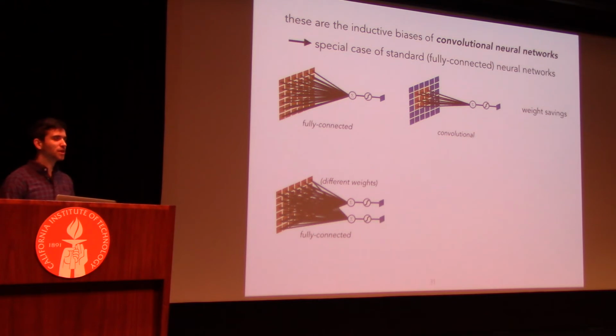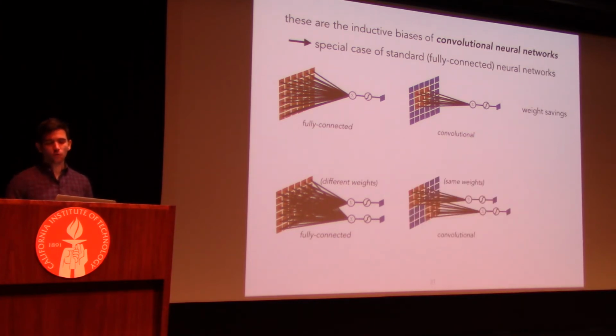Now if we had multiple units in our fully connected layer that are both connected to all of the input features, what if we restricted the number of inputs to each of those units, and then what if we set those weights to be exactly the same as each other?